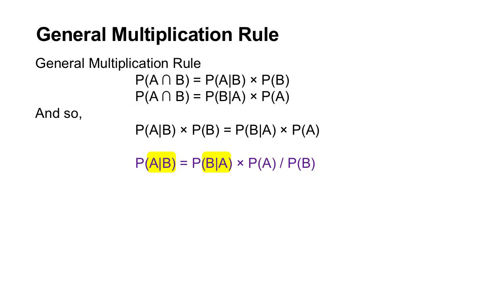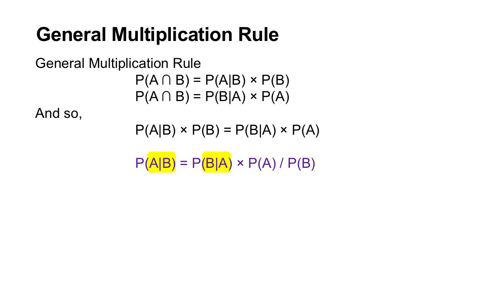Let me derive it for you. Recall the general multiplication rule that we saw before for conditional probabilities: intersection probability equals the conditional probability times the probability of the condition. If we use this, once using the event B as a condition and once using the event A as a condition, and then set these two right-hand sides equal, we see the formula at the bottom of the slide in purple.